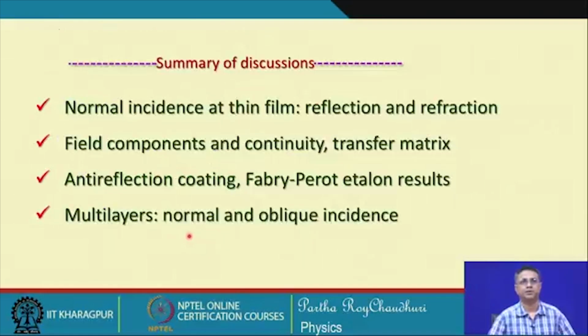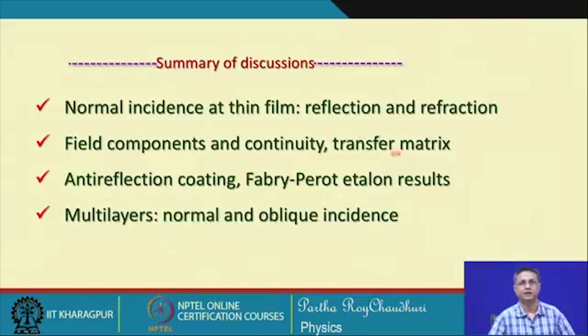Okay. So, today all that we have discussed is that for a thin film we looked at the reflection and refraction from the film. Then we wrote down the electric field components, then devised the transfer matrix to relate the electric field components for the consecutive layers.